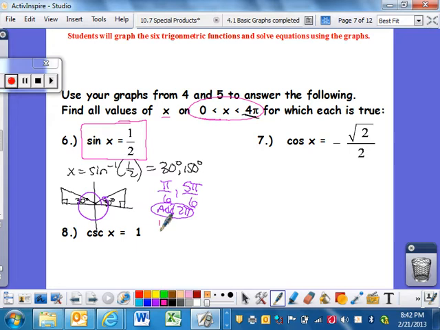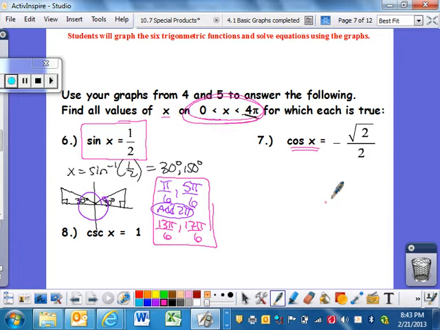So my other two answers would be 13 pi over 6 and 17 pi over 6. Now it's 4 possible answers because we are going 2 periods, 2 cycles, 2 answers for each period. Now I'm going to try to go a little bit quicker here.